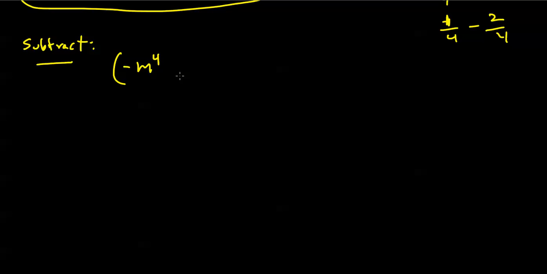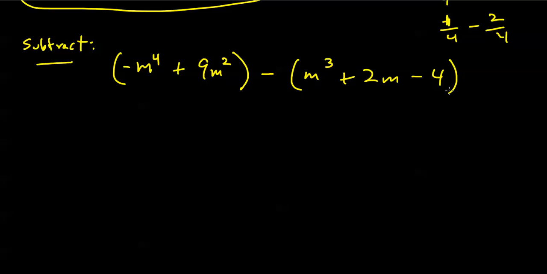Minus m to the fourth plus 9m squared, minus m cubed plus 2m minus 4.